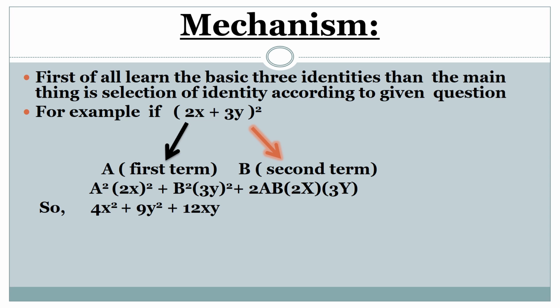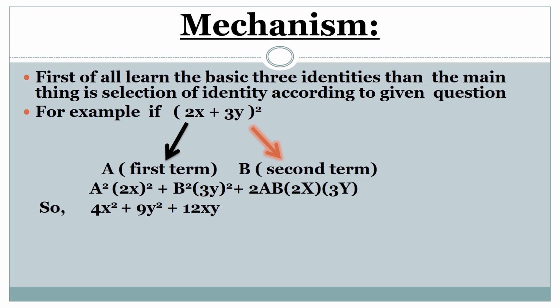Now the mechanism of these questions or identities is, first of all, you must learn these three basic identities. As I already discussed, if you write these identities 5 times, it will be clear for you. After that, if I take the example of (2x plus 3y) whole square, students must remember your first term is your a and your next term will be your b.